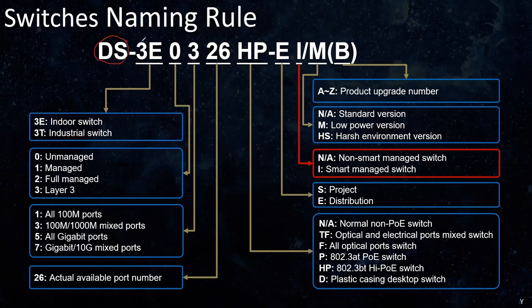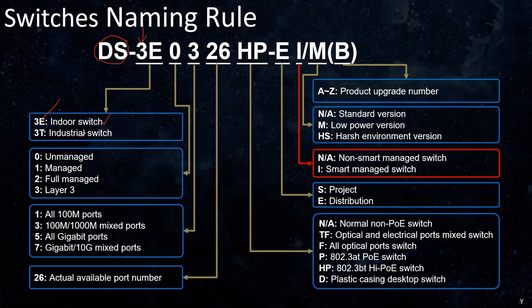After that, you can see we are starting with number 3. If you are familiar with our Hikvision naming rules, you probably know the cameras, otherwise called front-end devices, start with DS2. And we have the built-in products starting with DSK. Like that, it is very easy to understand this is a switch because it is starting with number 3. And there's a letter after number 3, which is very important. If it is an E, it denotes an indoor switch, which means for internal use.